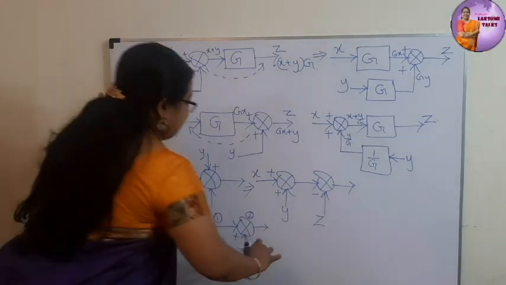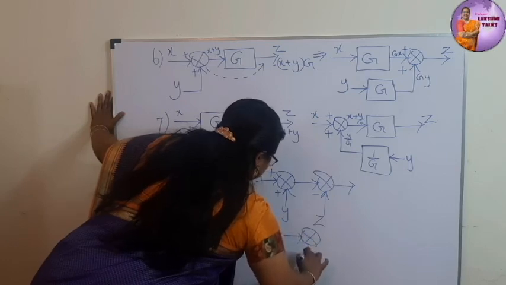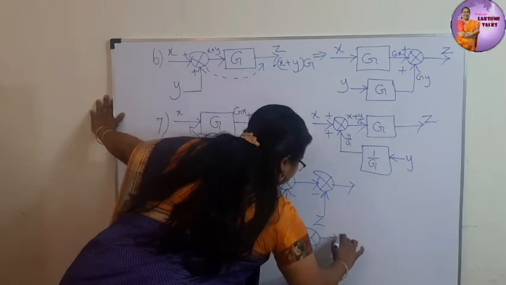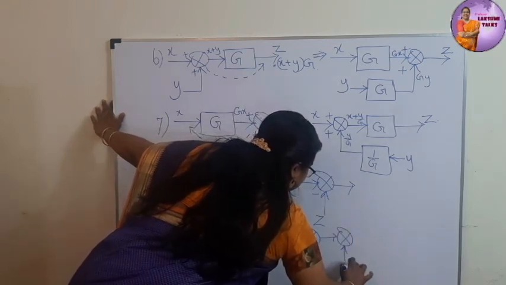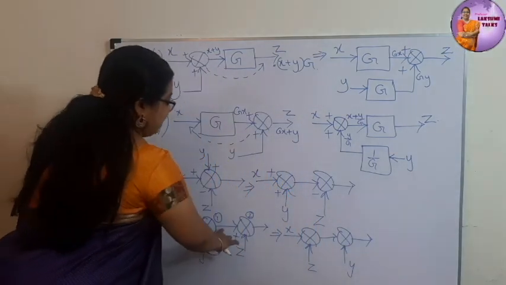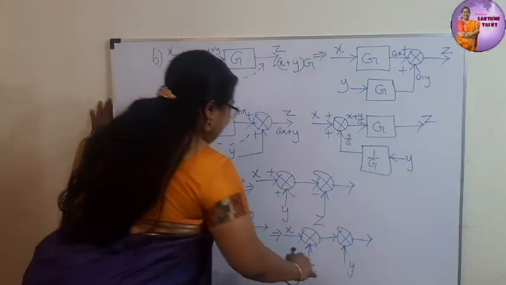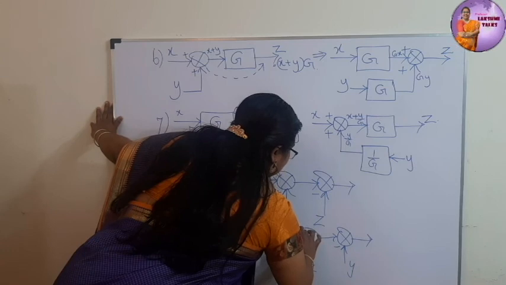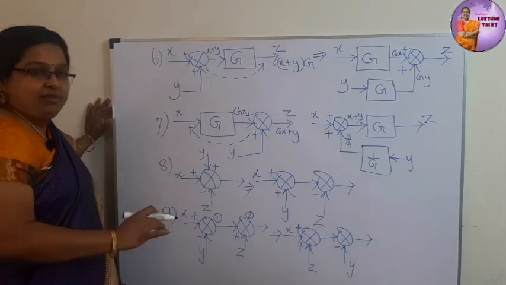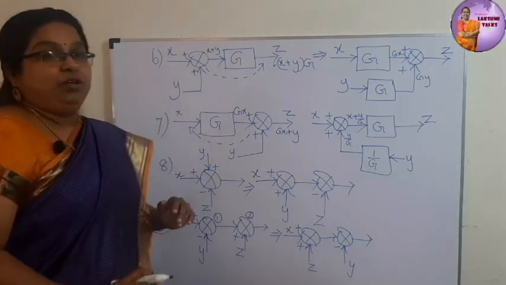What happens? You can interchange them if there is no takeoff path or block in between, but the only thing is, again you have to consider the sign alone. With the sign being perfect, your block is also right. Your rule is also right.